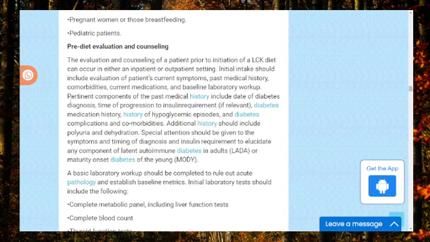Important components of the past medical history include date of diabetes diagnosis, time of progression to insulin requirements if relevant, diabetes medication history, history of hypoglycemic episodes, and diabetes complications or comorbidities.